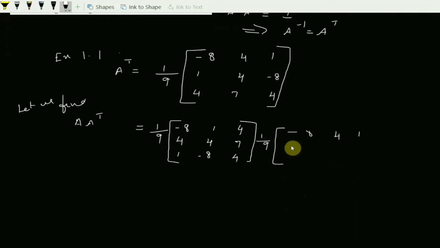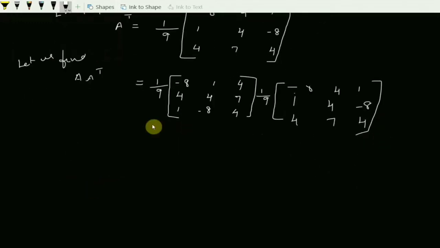Then 1, 4, minus 8. The third row 4, 7, 4. Okay. Now we can write 1 by 9 and multiply this 1 by 9 and 1 by 9, we can write it as 1 by 81.